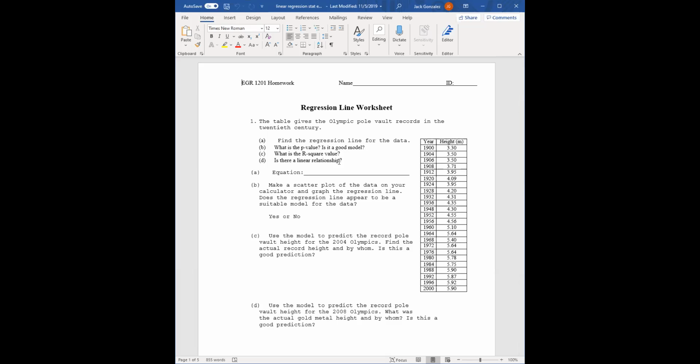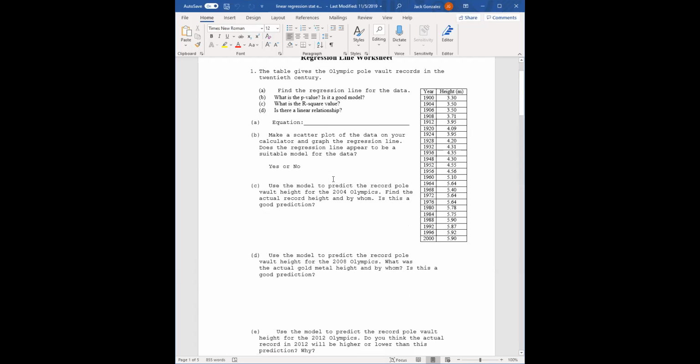If it's close to -1, you have a negative linear relationship. And as long as it's close to either, you have a good relationship. But if it's close to 0, then there is no relationship. So you'd say, the model can be trusted.